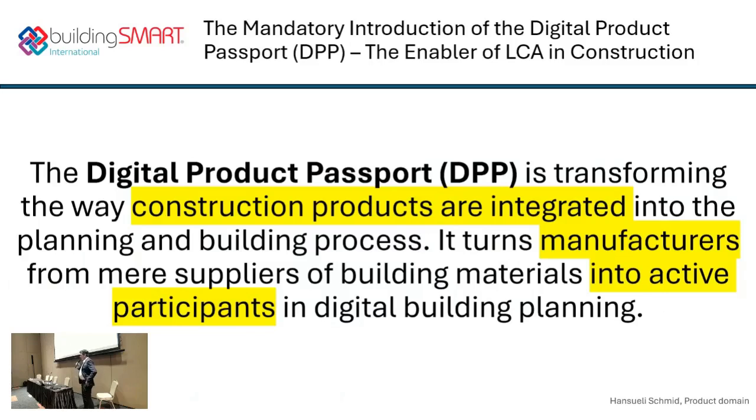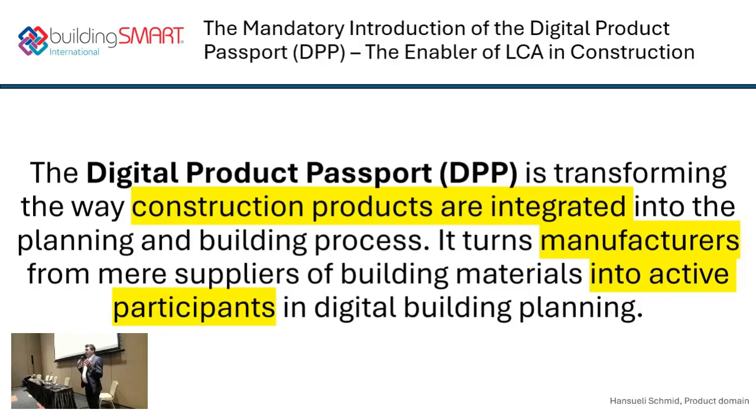What it is all about today is that the Digital Product Passport is transforming the way we deliver product information. So the manufacturer will become a part of the digital building planning. He will have to deliver his data in a totally different manner than today.